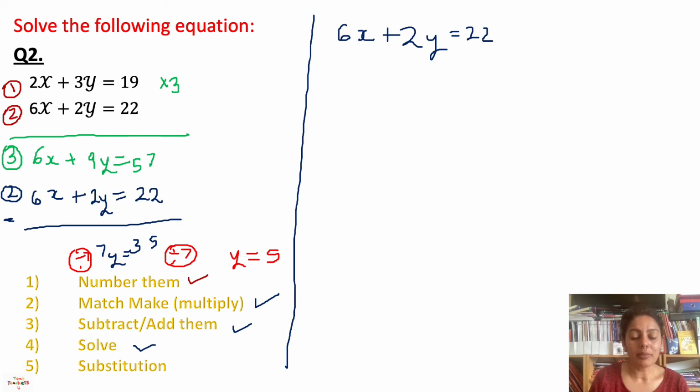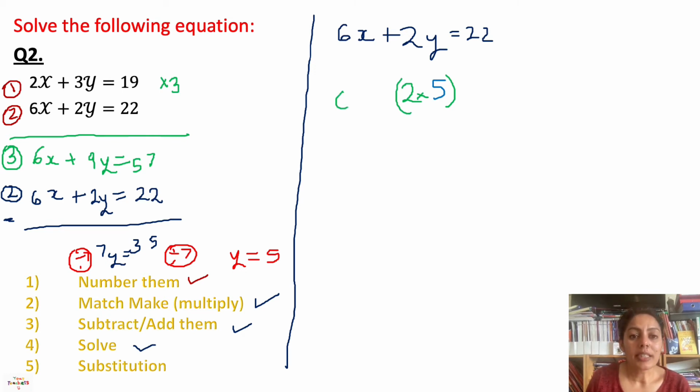And this time I'm going to substitute. So we said y equals 5. So here's 5. Now 2y means 2 times 5. So this means 2 times 5. I'll put that in bracket.